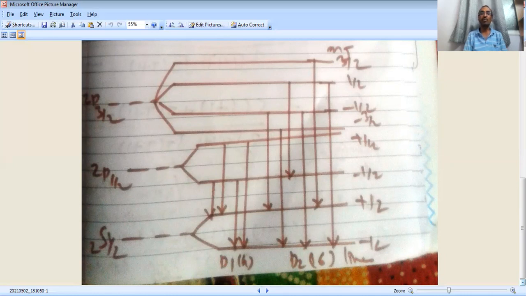Third transition plus 1 half to plus 1 half, fourth transition plus 1 half to minus 1 half, fifth transition minus 1 half to minus 1 half, sixth transition 3 by 2 to plus 1 half, and 1 half to minus 1 half, that is delta mj is equal to plus 1. Thus, in the place of single D2 line, six spectral lines are observed. This is the explanation of anomalous Zeeman effect.